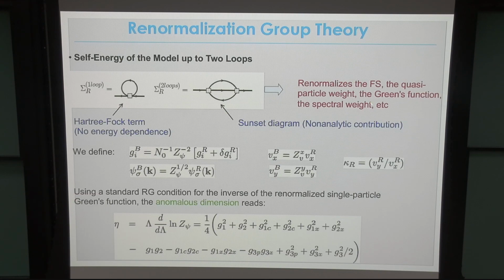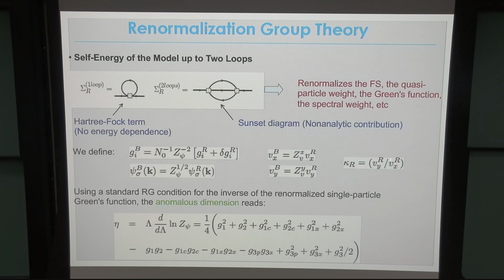And this diagram would renormalize many things. So we would renormalize the Fermi surface, the quasi-particle weight, the Green's function, the spectral weight, and so forth. So that's the reason why we have to go to at least two loops. But it's, of course, a more complicated calculation, as I'm going to show you. So we have to renormalize the couplings of the model, also the fermionic fields, and also the Fermi velocities, which are given here.